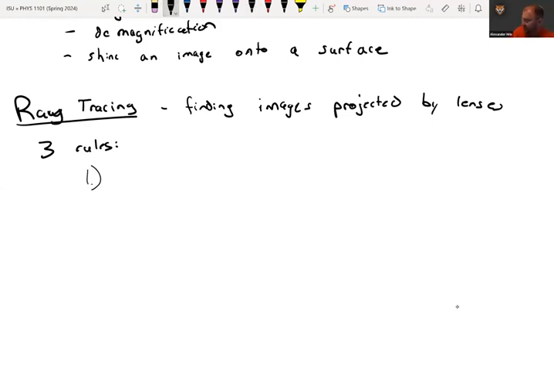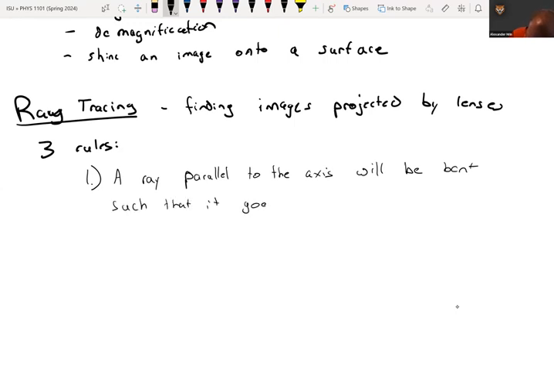The first rule, rule 1, is that a ray parallel to the axis will be bent such that it goes towards a focus.